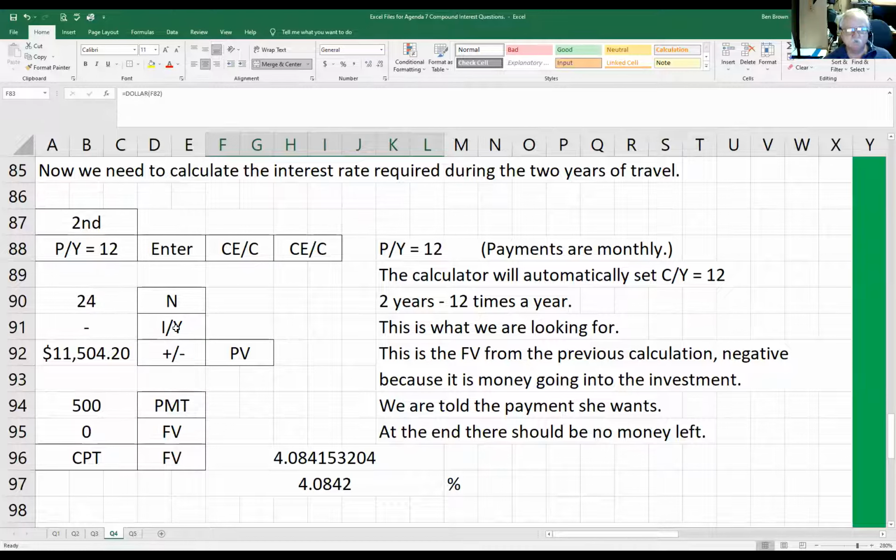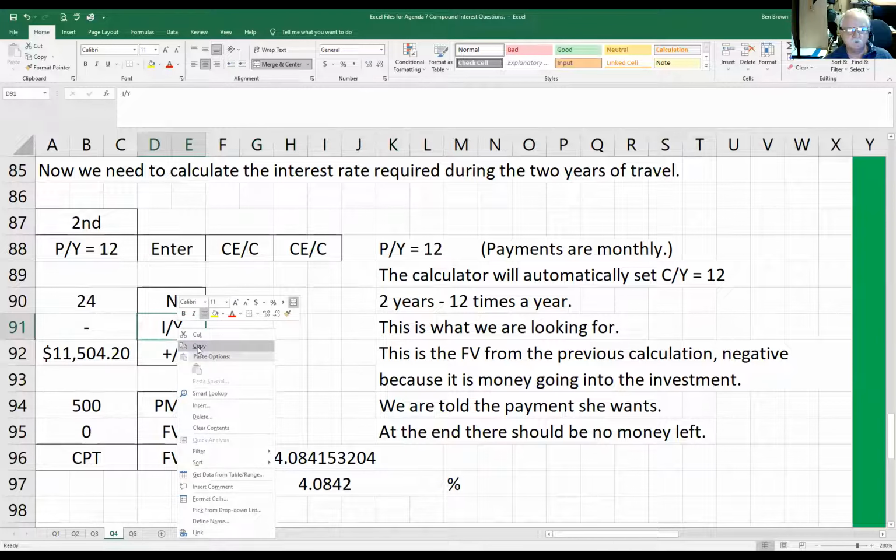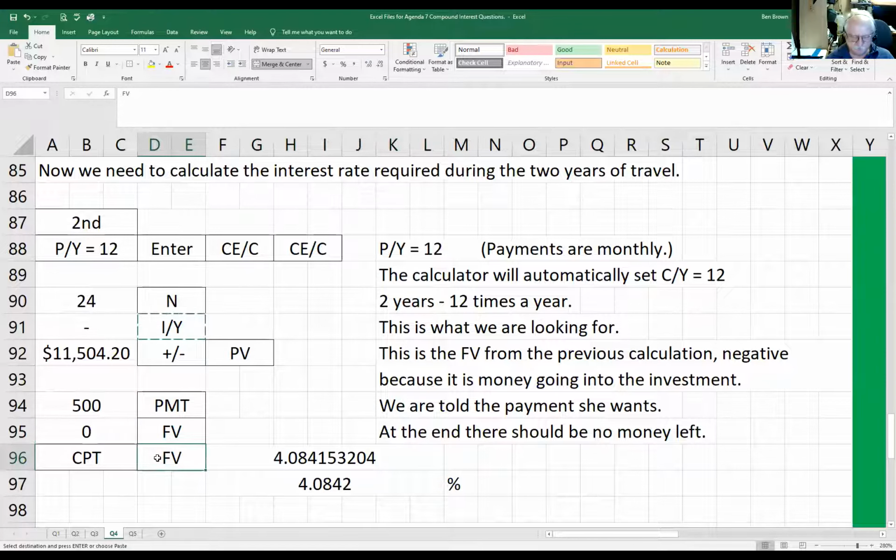We can ignore the interest per year, which is what we should be computing. This is the amount we got out of the first calculation. We have to make it negative because it's money going into the investment. The payment, which is coming out, is positive. And again, there's no money left once she's finished traveling.